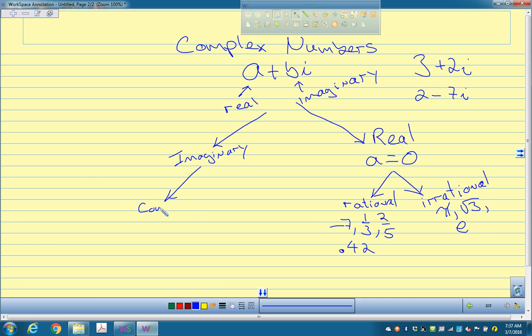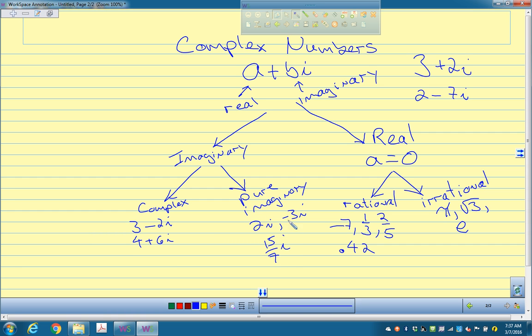Imaginary numbers, you have complex imaginaries, which are ones like 3 minus 2i and 4 plus 6i and stuff like that. And then you have something called pure imaginary, which are like 2i, negative 3i, i, 15 over 7i.